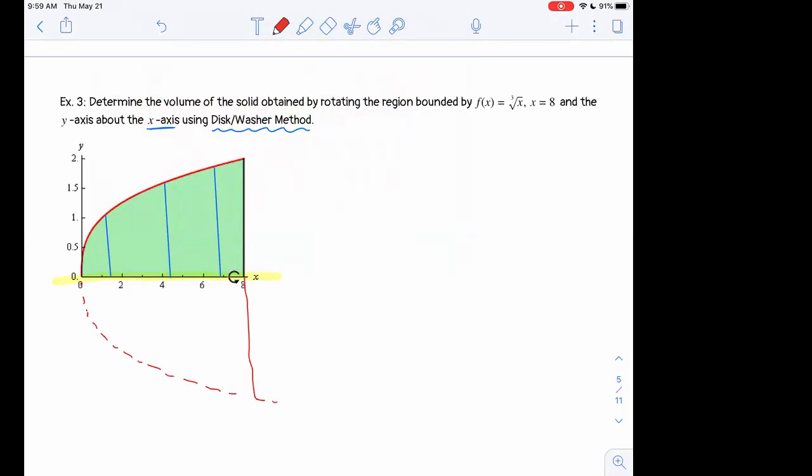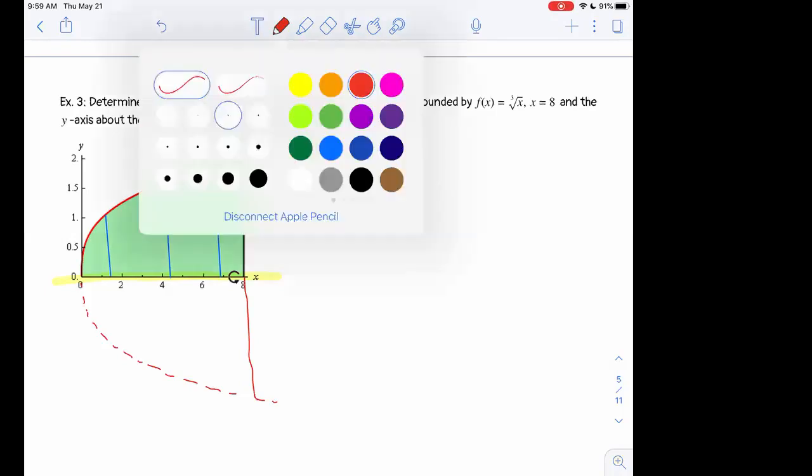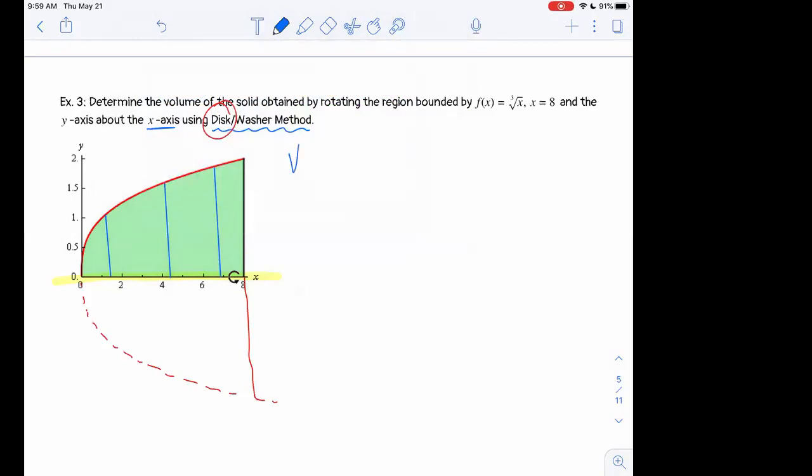No, there's not. Good. And these blue lines that we drew, they go right down to that axis of revolution. So that's one way that we know there's not a hole. Okay. So if there's not a hole, that means I can use the disk method. And disk method is the one that is pi, the integral of little r squared.